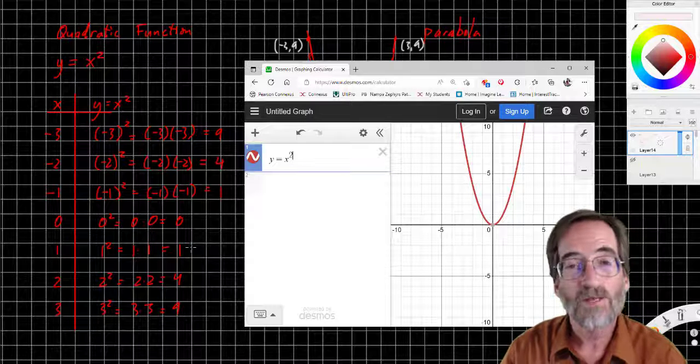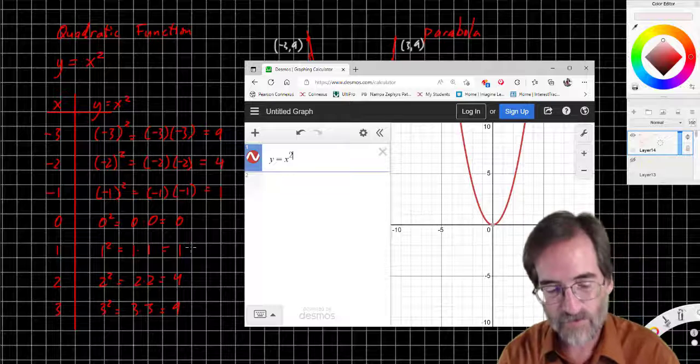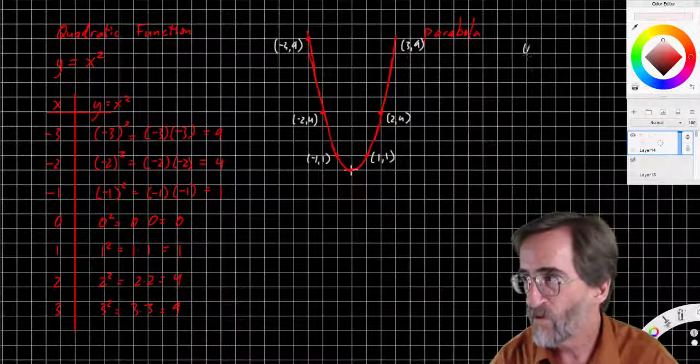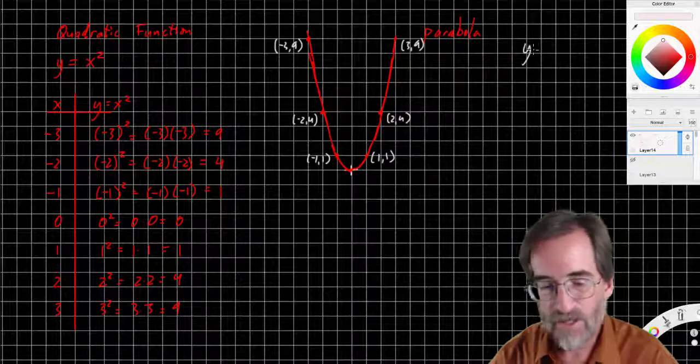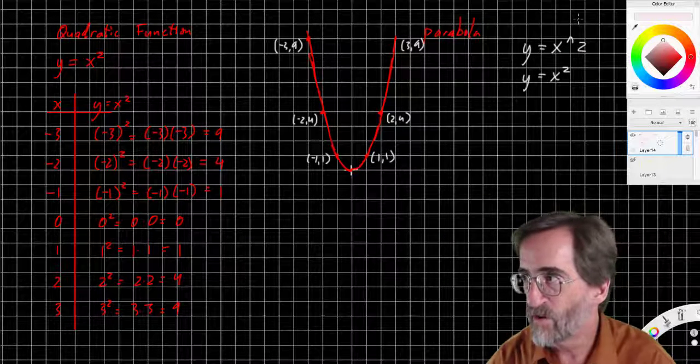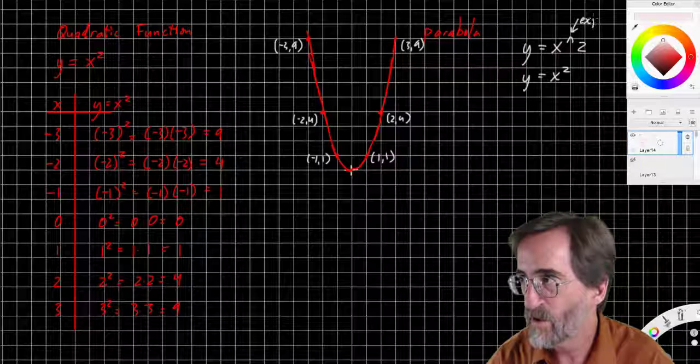By the way, on a test or a quiz, it is perfectly acceptable to type y equals x caret 2 when you mean y equals x squared. That caret means exponent. And yes, that is the name of the character.